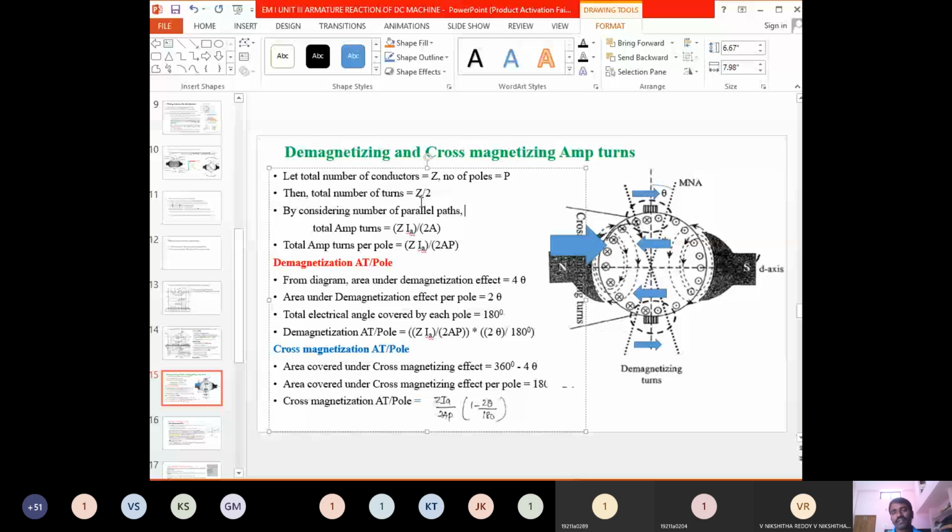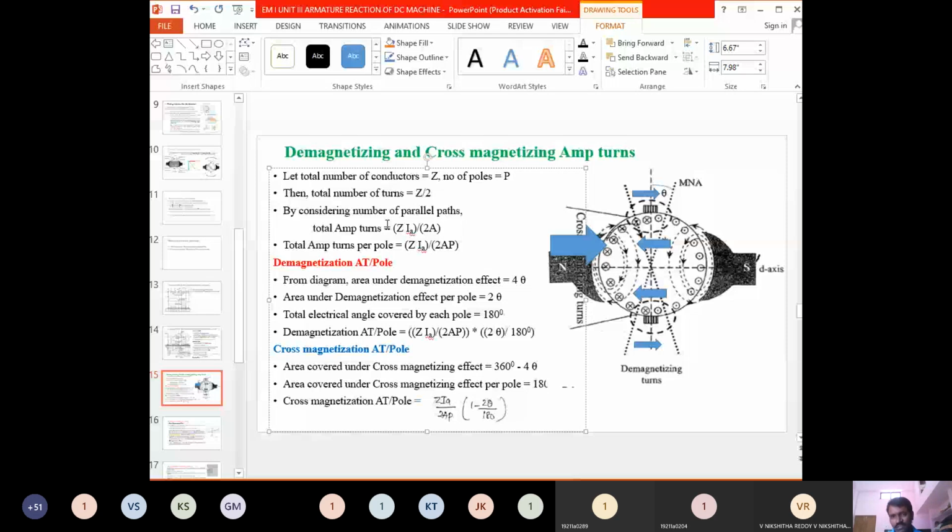We already know that in the case of a DC generator, for lap winding A equals P and for wave winding A equals 2, and we have to divide according to the cases. So by considering the number of parallel paths, here this is Z by 2 turns.